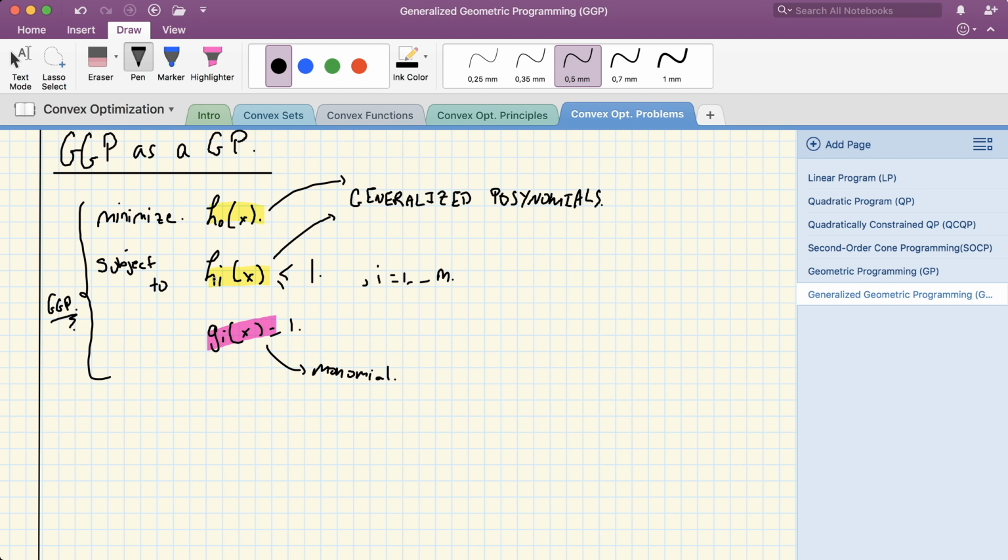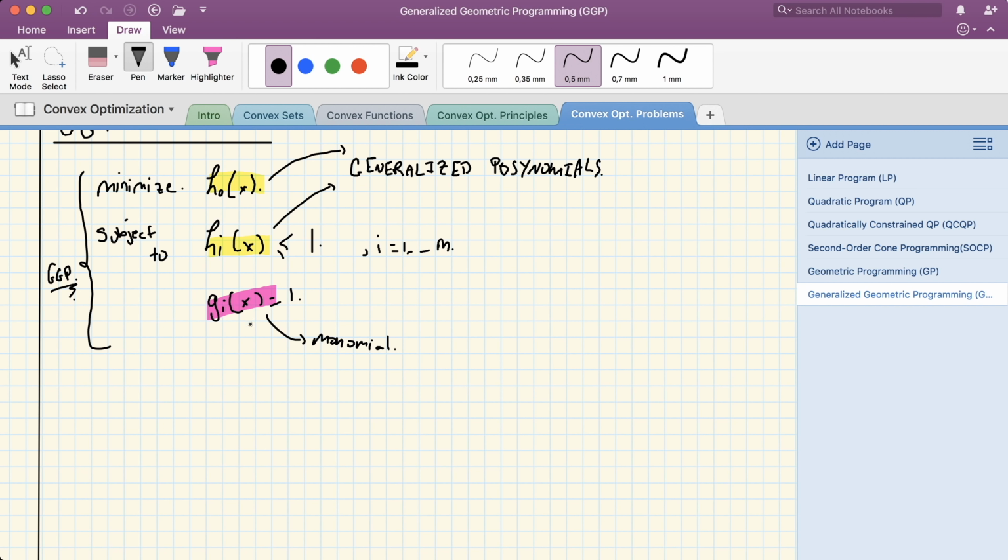Well, we're going to use a standard trick right here that we used thoroughly throughout the lectures. That is, first, we're going to bound the cost by, let's say, t. So instead of minimizing h0, I'm going to minimize t, right? And we're going to express this guy as one of the constraints.